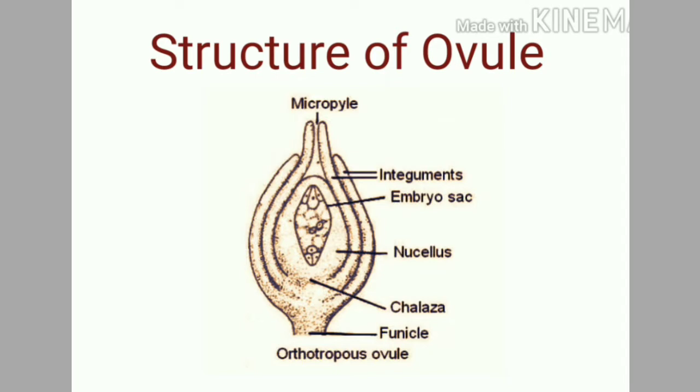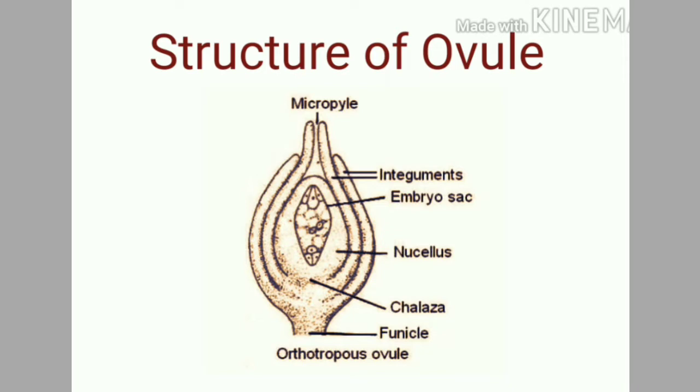It has a small pore, which is called the micropyle. Then there is a lower stalk which is called the funicle, and near the funicle there is a point of attachment which is called the hilum.